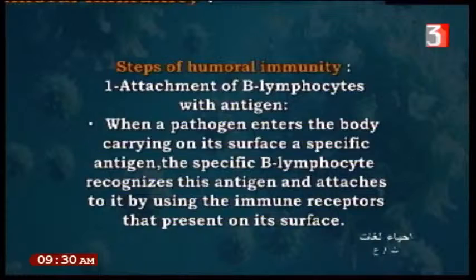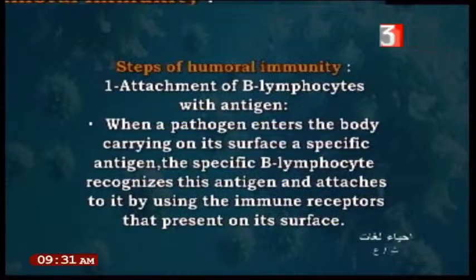When a pathogen enters the body, it carries on its surface a specific antigen. Any pathogen, virus or bacteria, is like a key. This key, known as the antigen, needs a specific lymphocyte to recognize what this antigen is and attach to it by using immune receptors.